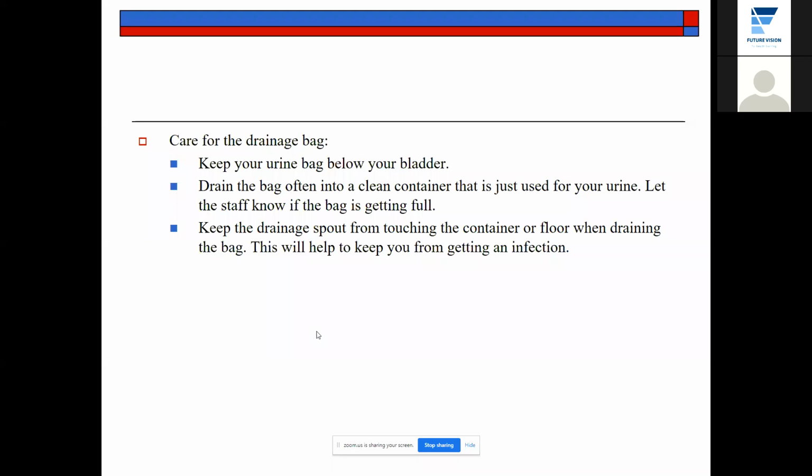Retention, thank you. Because there may be retention, the urine may go back through the catheter and cause us an infection, an ascending infection, excellent. So always the urine bag should be below the bladder.